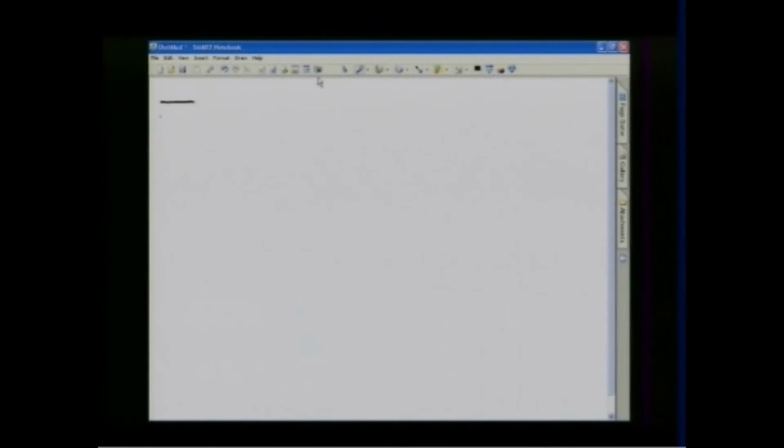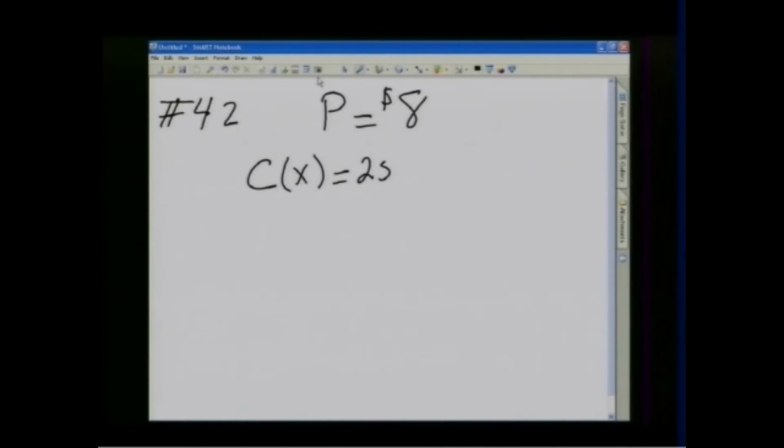So here is the information we have, number 42. First, we know the price they are selling for is $8. That's number one. We know that cost is fixed cost, which is $25,000, plus variable cost, which is $3 per unit.